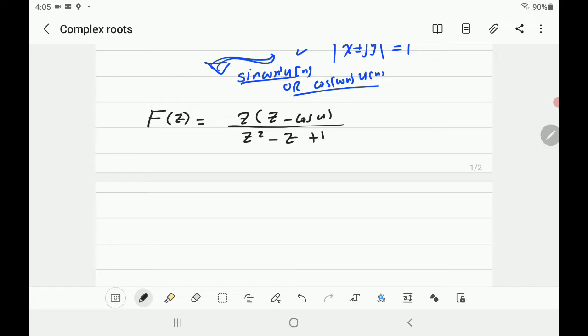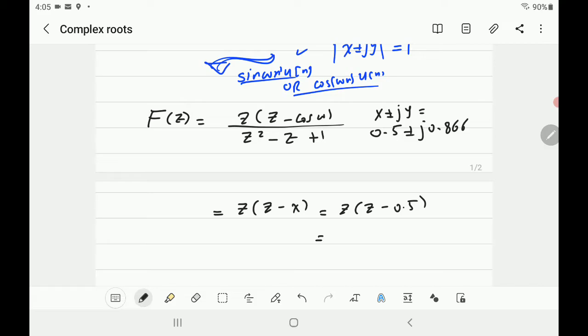This is for the case where the roots x plus or minus jy are 0.5 plus or minus j 0.866. Let's substitute: z minus cosine omega, which is the value of x, is z minus 0.5.